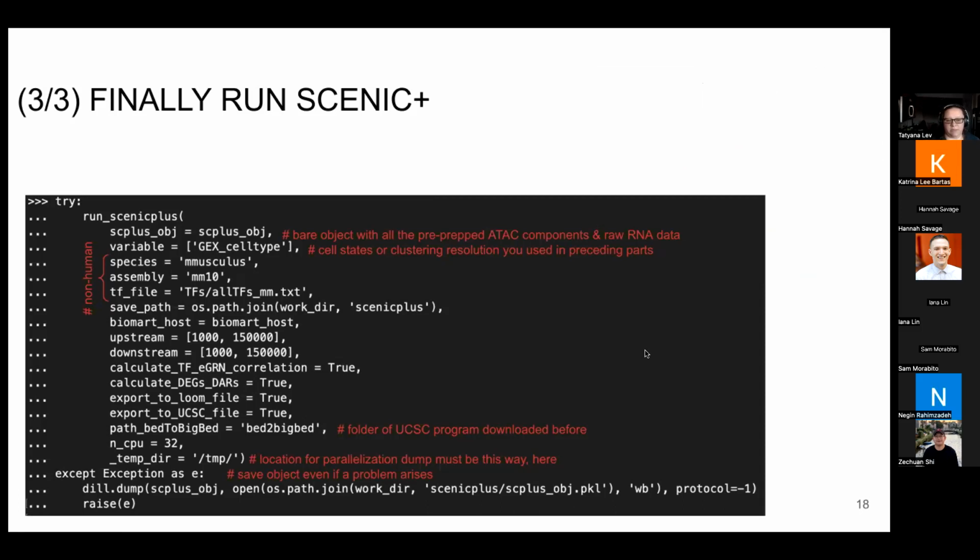And I just wanted to mention a couple of things here. Again, we're going to specify which clustering resolution, and this needs to be the same one that we used before. So my label is ABC. For anything that's not human, you have to adjust, of course, these species-specific parts. This is the bed program from before. This location for parallelization dumps has to be specified in a very particular way, unfortunately, for the run SCENIC Plus portion only.